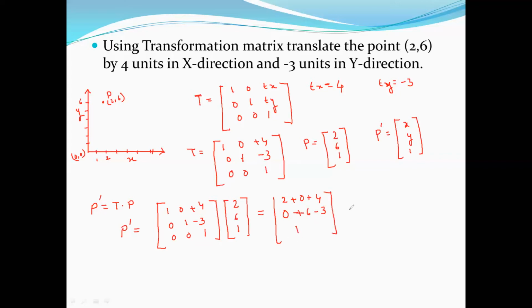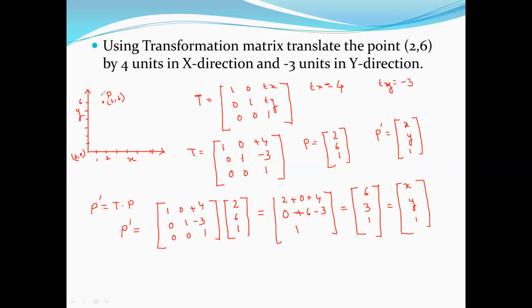Okay. So after doing the matrix multiplication, the answer we will get is 6, 3, 1. So this is the coordinate of the translated point. That means this 6, 3, 1 is nothing but the x, y, and 1.